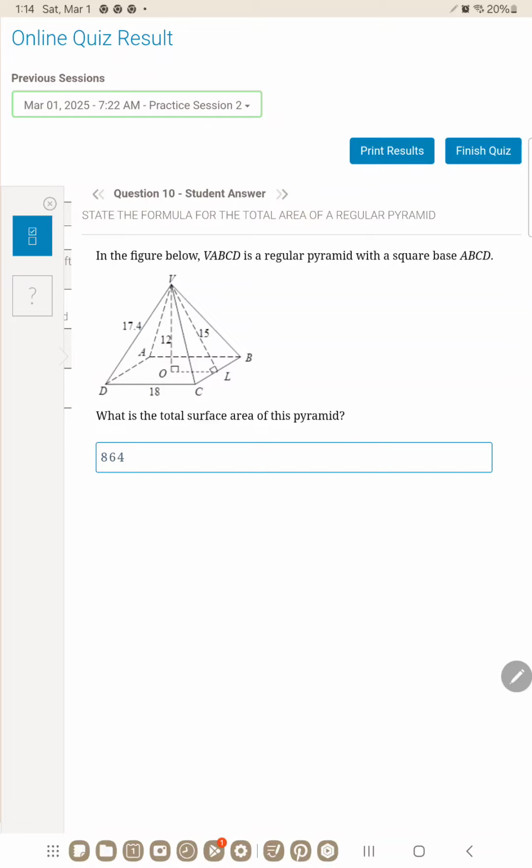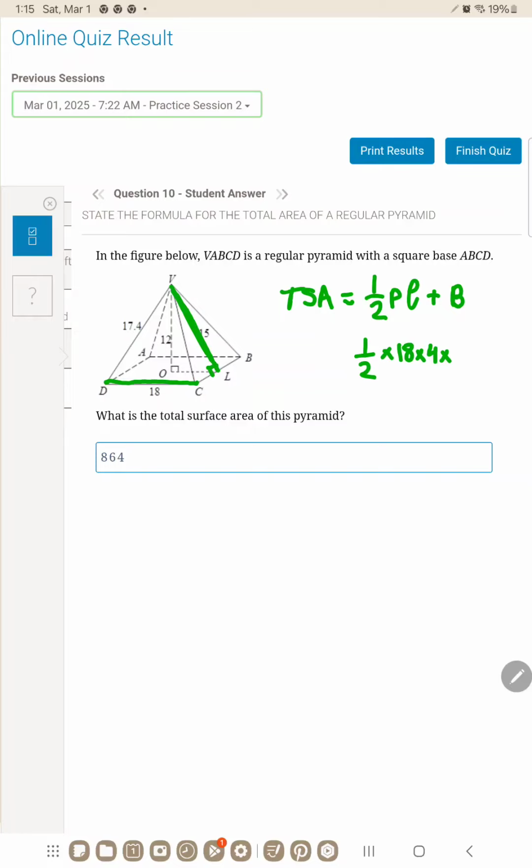Okay, now we have a pyramid. What's the total surface area of this pyramid? The total surface area of a pyramid is equal to half the perimeter times the slant height plus the area of the base. So it's half, the perimeter is 18, which is the side length, times 4, so 18 times 4, times the slant height, which we said is this.